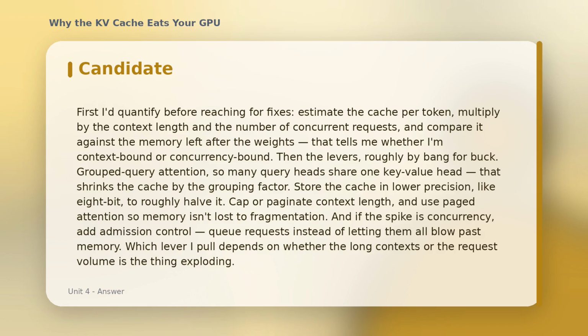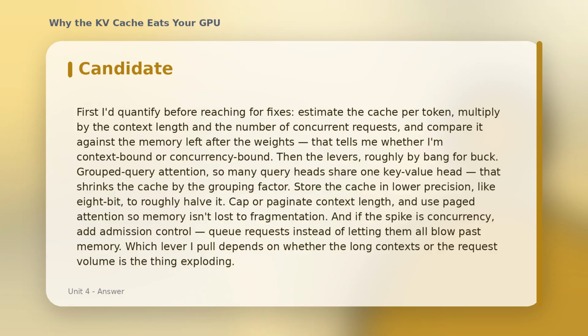First, I'd quantify before reaching for fixes. Estimate the cache per token, multiply by the context length and the number of concurrent requests, and compare it against the memory left after the weights. That tells me whether I'm context-bound or concurrency-bound. Then the levers, roughly by bang for buck. Grouped query attention, so many query heads share one key value head. That shrinks the cache by the grouping factor.